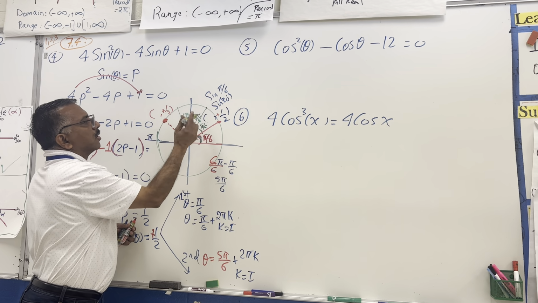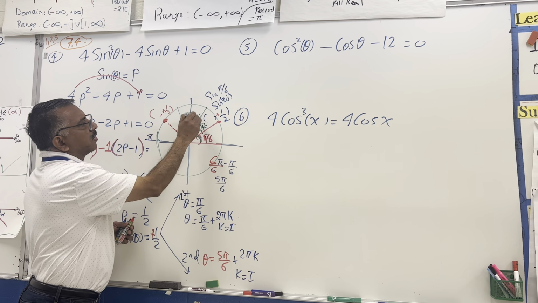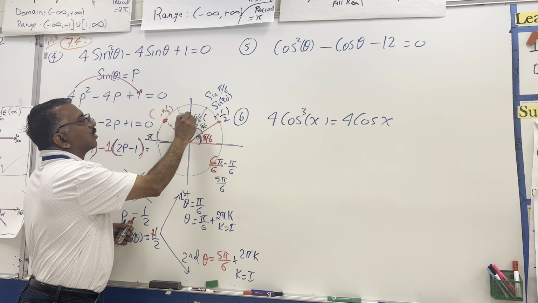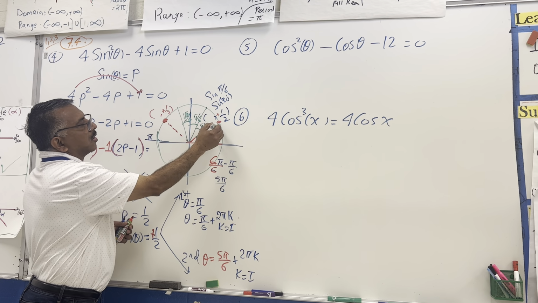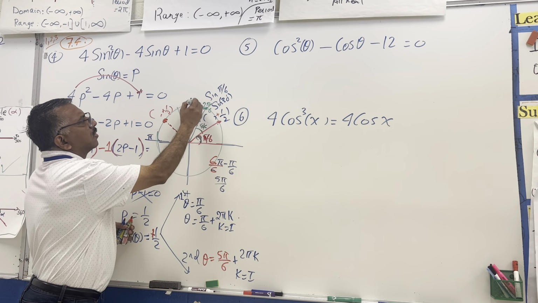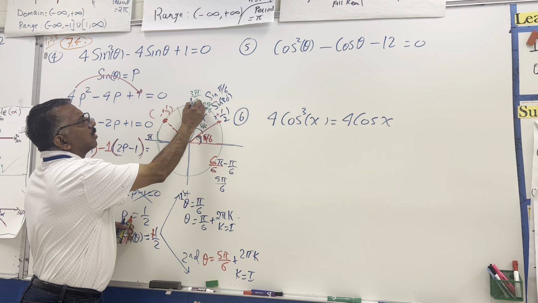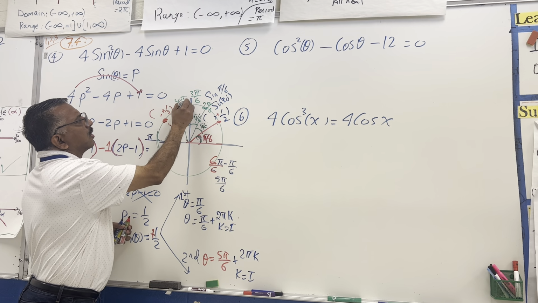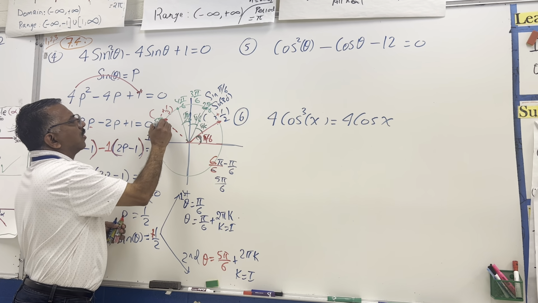I messed up here. This is pi by 6, this is 2 pi by 6, this is 3 pi by 6, this is 4 pi by 6, and this is 5 pi by 6.